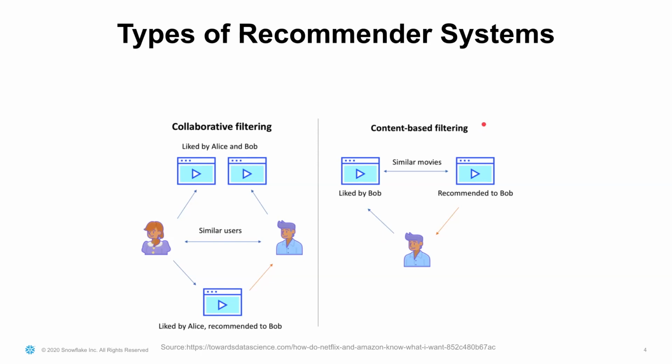The basic approach is I look at the catalog of my content and all the movies and say, okay, this is a horror movie, comedy movie, romantic comedy, whatever, right? And then ask the user what kind of movies they like. Based on their preference, I can recommend, hey, if Bob likes comedy movies, I can recommend comedy movies to Bob, right? Which is a simple approach, but it does require me to have a lot of historical data about the user, and also the genre information about the movie as well, right?